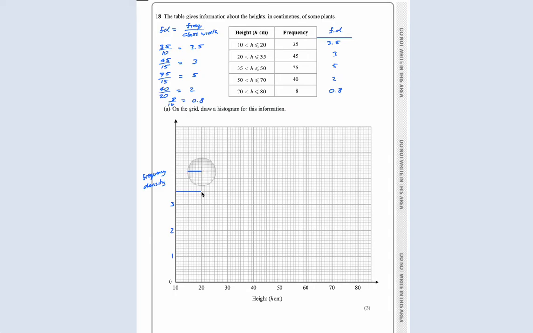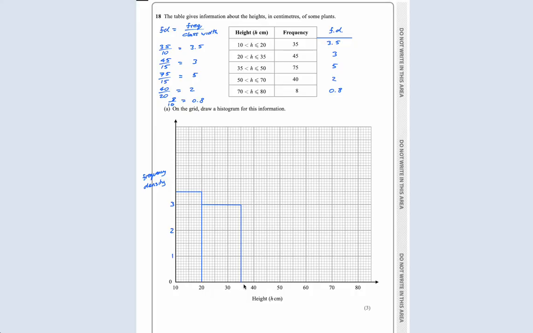So I'm going to go to 3.5, and I'm going to go down. And that's the first bar. The next one is 20 to 35, which is here. 20 to 35, and I'm going to 3. That is my frequency density for this class width.